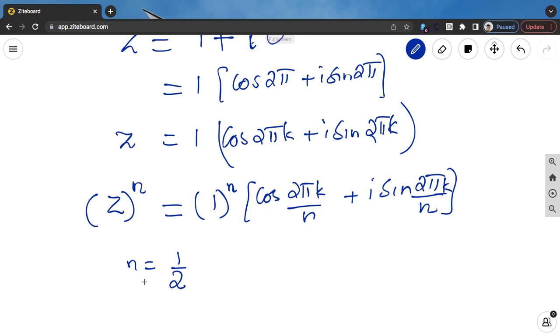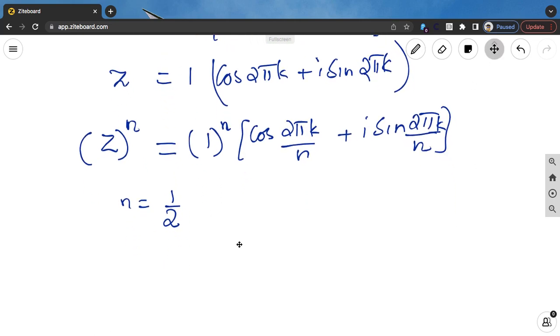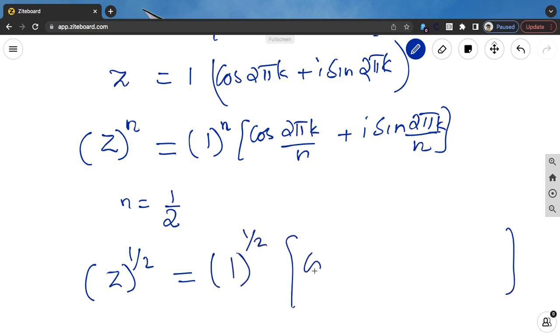However, in the complex number domain, let's see what it gives me. z raised to half will be, according to De Moivre's theorem, 1 raised to half times cos of 2 pi k divided by 2 plus i sine of 2 pi k divided by 2. Where did I get this divided by 2? Because any number that is a power here gets multiplied.